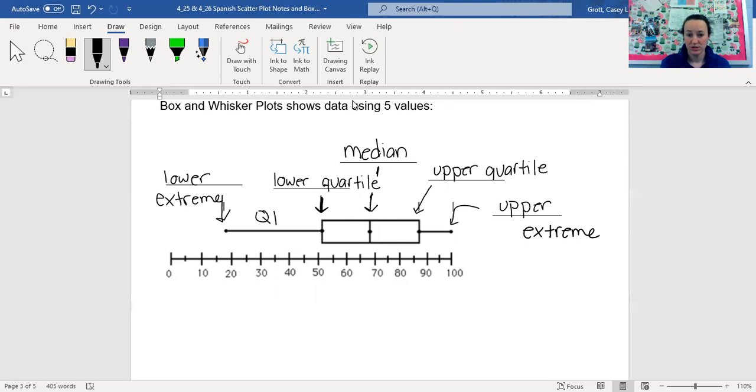The first part of the box is known as quarter 2. This part of the box from the median to the upper quartile is going to be quarter 3. And this part of the whisker is going to be quarter 4. We're going to use this to help us answer those questions at the beginning.